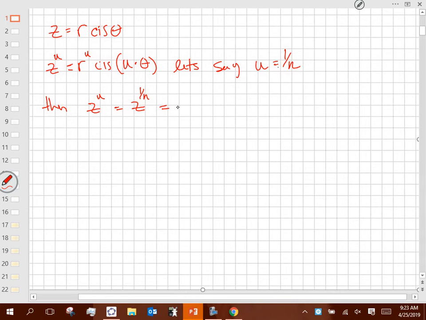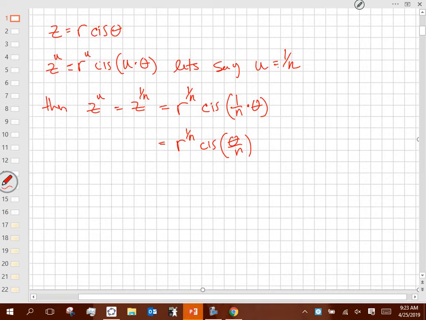Then it'd be r to the 1 over n, right? Times cis of u times theta, which is 1 over n times theta. That ends up being r to the 1/n cis of theta over n. Does that make sense? Okay.